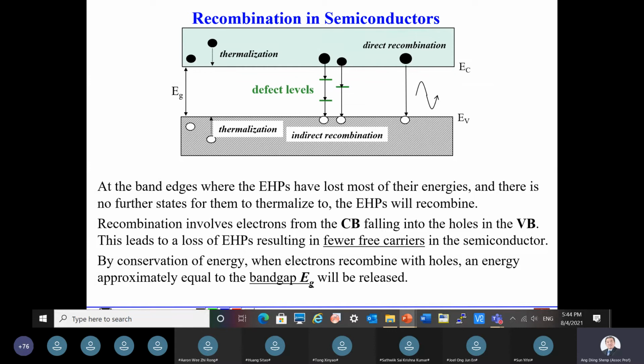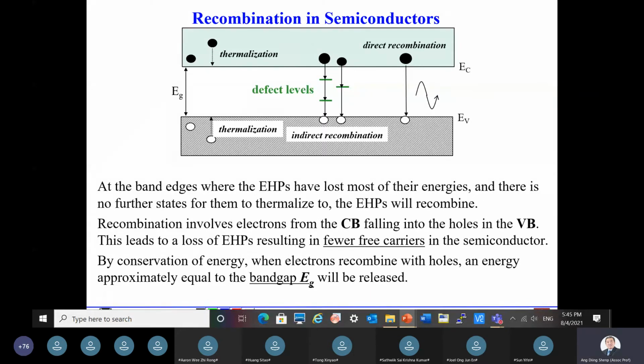Even under thermal equilibrium, electrons in the conduction band are distributed over a certain range of energy, from EC up into the conduction band. Not all are situated at EC. Similarly for holes. Holes are distributed over a certain range of energy in the valence band.